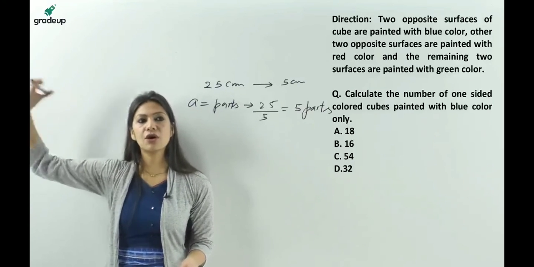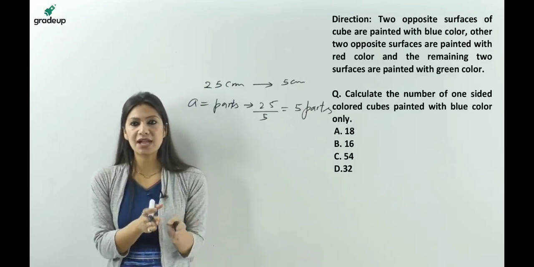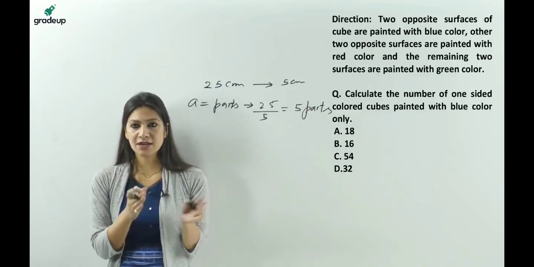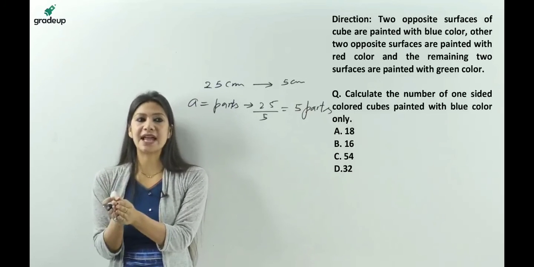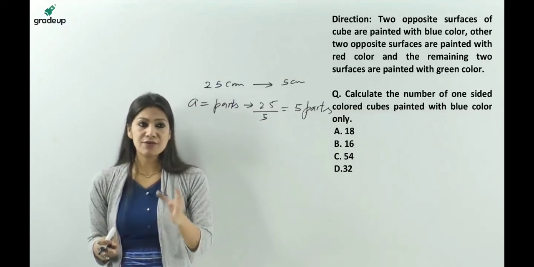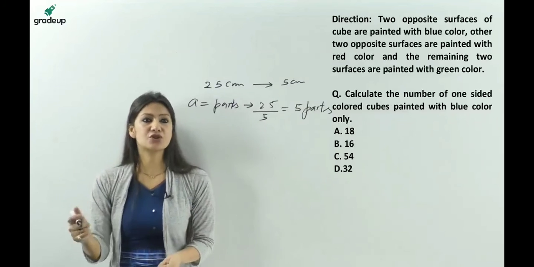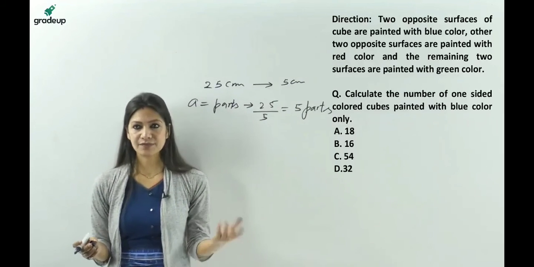I'll not go above that. But if I have something at 5,000 or 2,000, I will obviously consider that. So something less than that is considerable. So with at most one-sided, that's the maximum condition, you are going to select the cubes in which the maximum color is only on one side. So it will include colorless. So that's why.